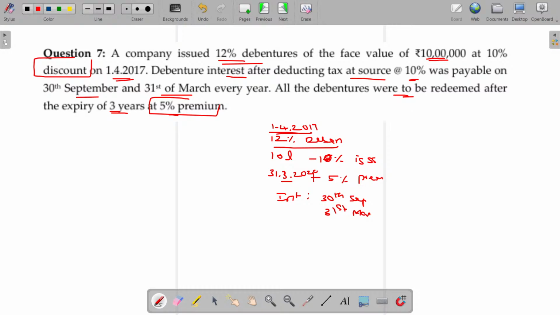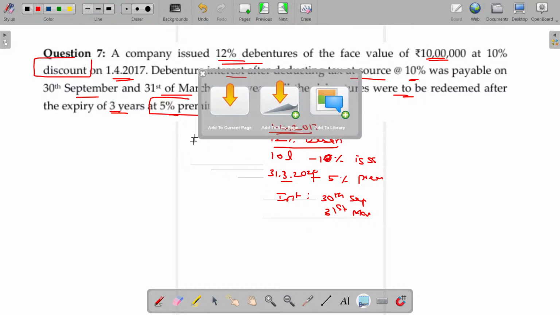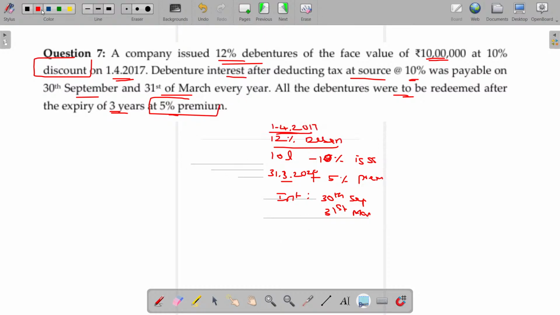It is one of the comprehensive illustrations. Here we have the TDS also, being 10%.